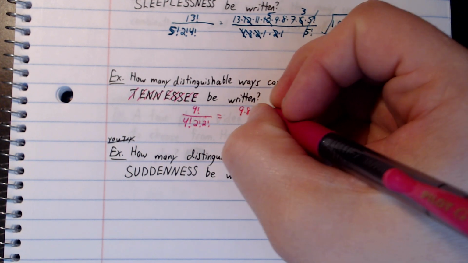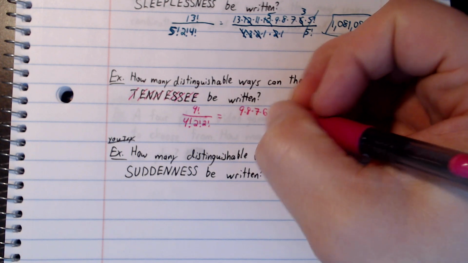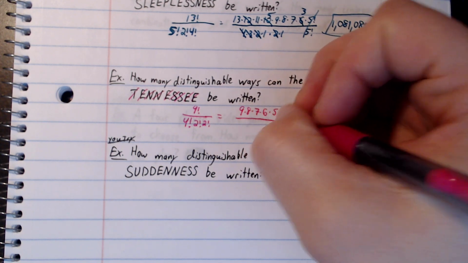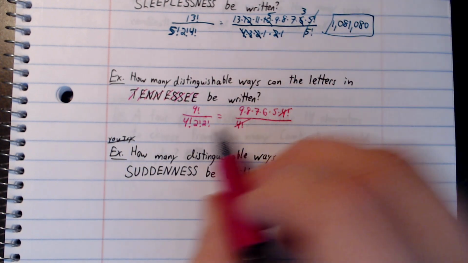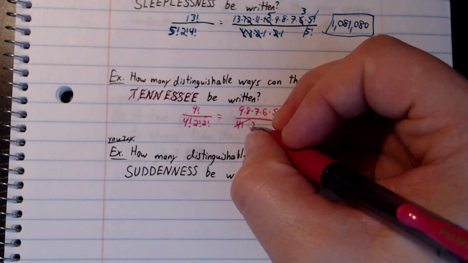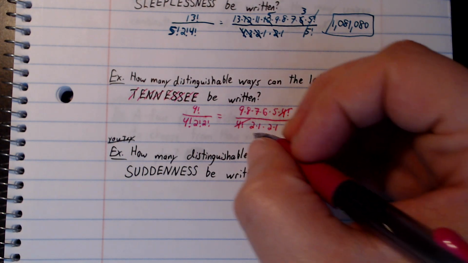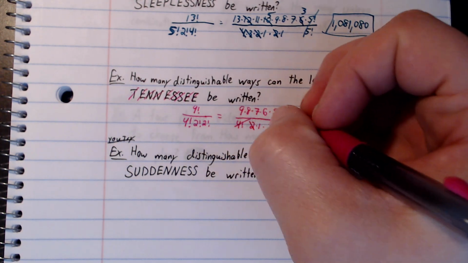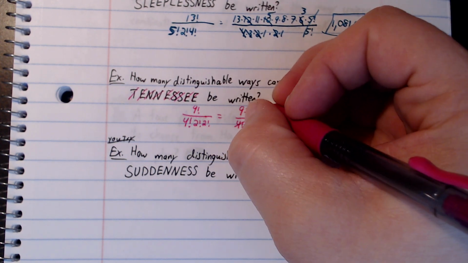9, 8, 7, 6, 5, 4 factorial. And I know that those things will cancel. That's my highest one. And then I can expand these. 2 times 1, 2 times 1. Let's see. 2 goes into 6 3 times, and this 2 goes into 8 4 times.